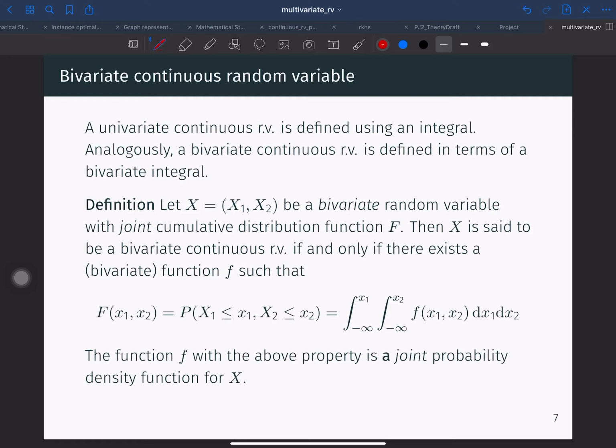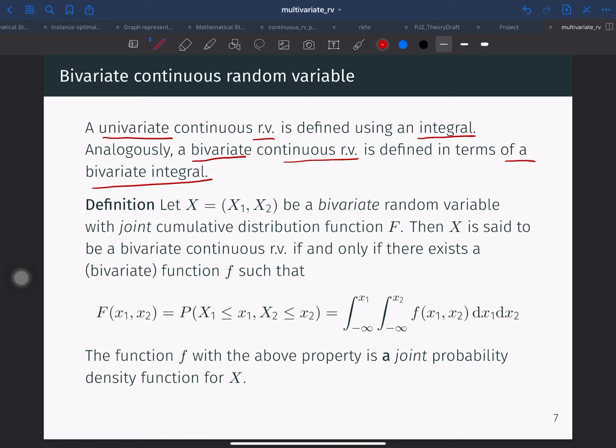Okay, in any case, because the univariate continuous random variable is defined using a univariate integral, a bivariate continuous random variable is then defined in terms of a bivariate integral, analogously. So the definition goes as follows.